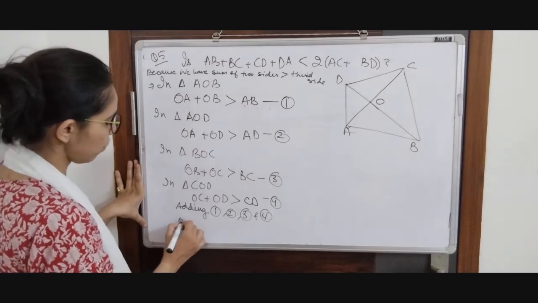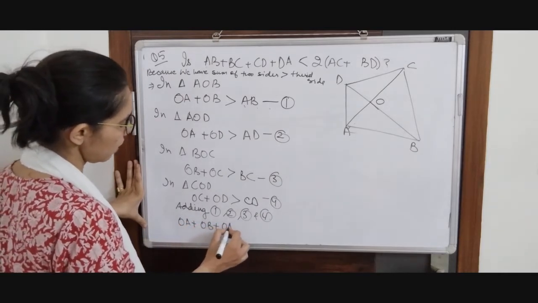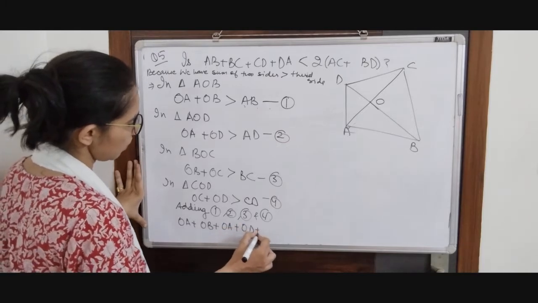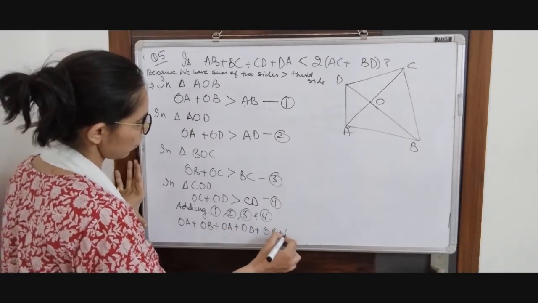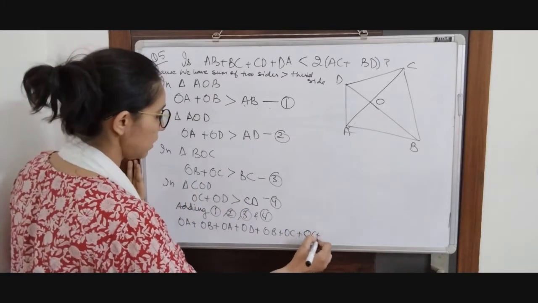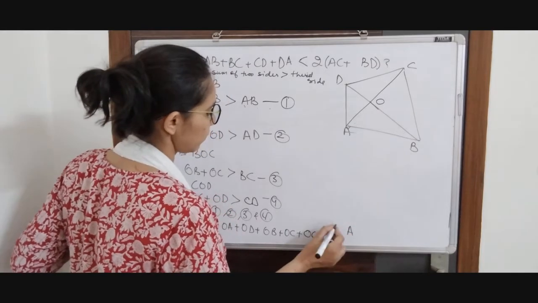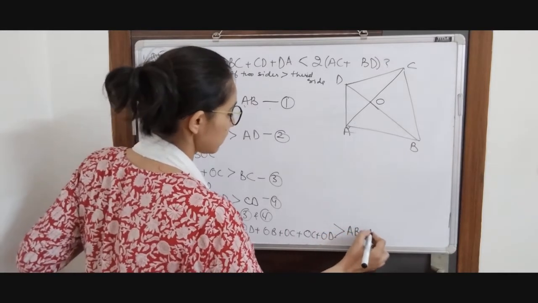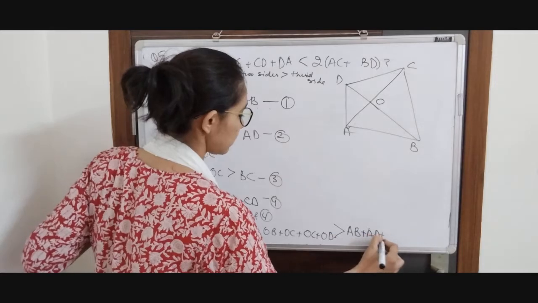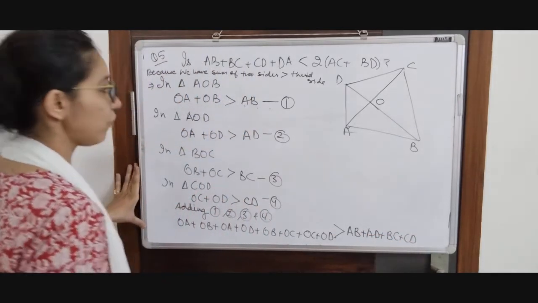Adding 1, 2, 3 and 4, what will we get? OA plus OB plus OA plus OD plus OB plus OC plus OC plus OD. I am adding the left hand side of every equation, and the right hand side is going to be greater than AB plus AD plus BC plus CD. Now what will happen?